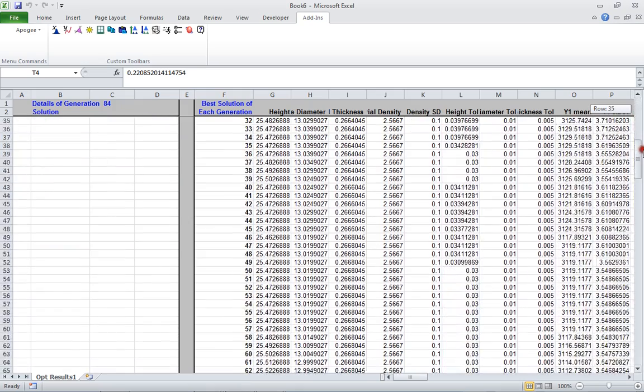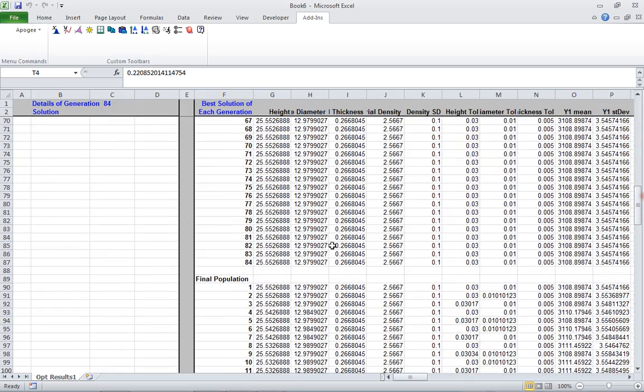The best solution is actually down here in the list in the 84th generation. So this one solution here with these nominal values is what was selected for this particular result.